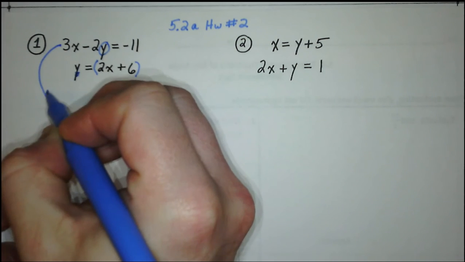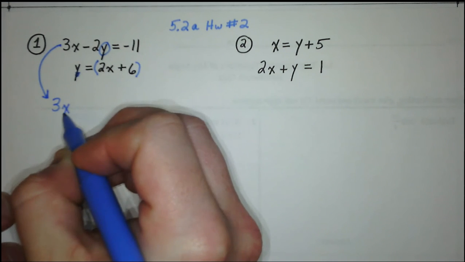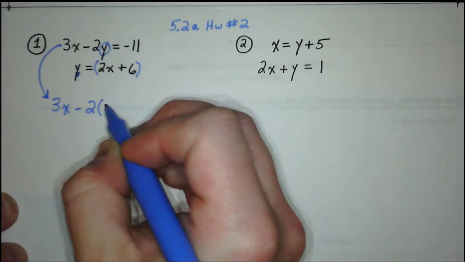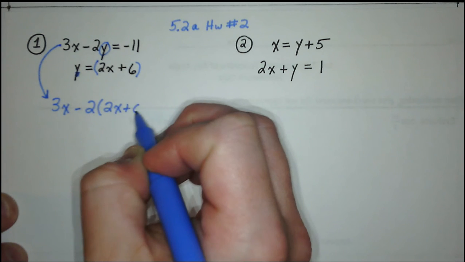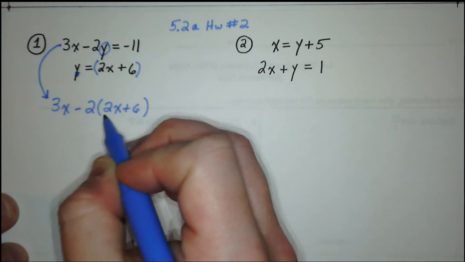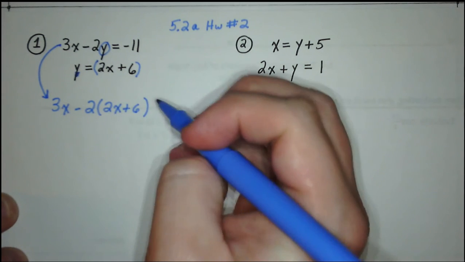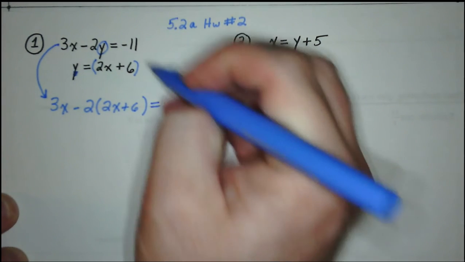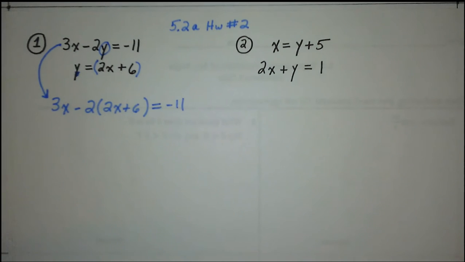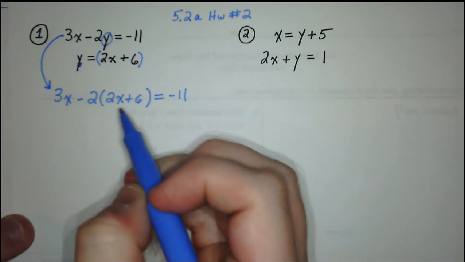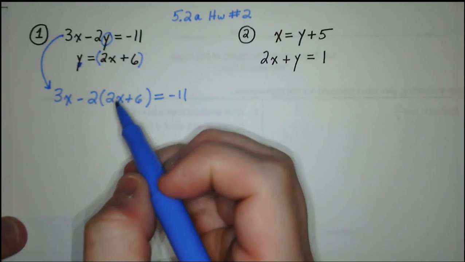So this equation becomes 3x minus 2 times y, which is the same as 2x plus 6, equals negative 11. That gets me going here. Something else I want to point out: the devil's in the details.